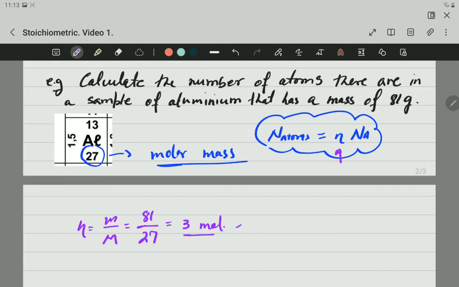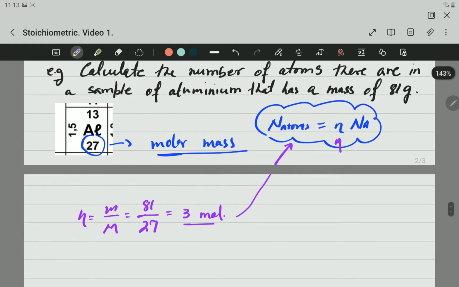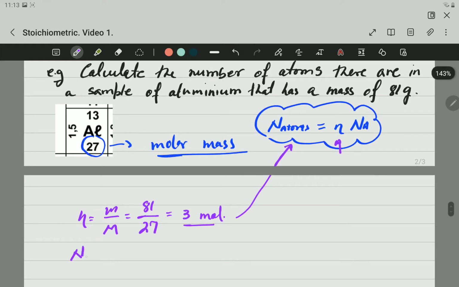Now we have those 3 moles, we can go here and substitute in that formula there. All right, so the number of atoms that we are looking for, number of atoms of aluminum, will be equal to number of mole multiplied by Avogadro's number. Number of mole is 3, and the Avogadro's number is going to be 6.022 times 10 to the 23 particles.